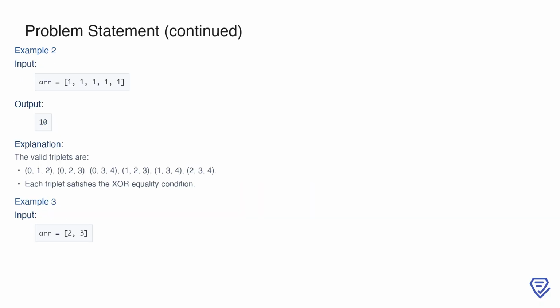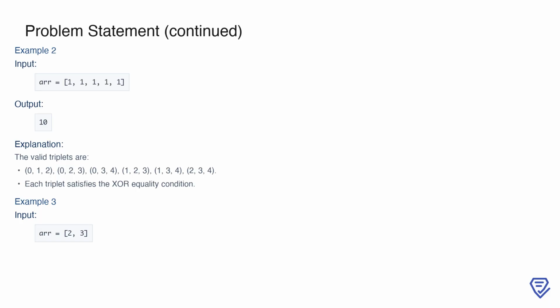Now, consider the second example, where the input array is [1, 1, 1, 1, 1], and the output is 10. Here, there are 10 valid triplets, including (0, 1, 2), (0, 2, 3), and (0, 3, 4). Each triplet satisfies the condition because the XOR of the subarray before index j equals the XOR of the subarray after index j.